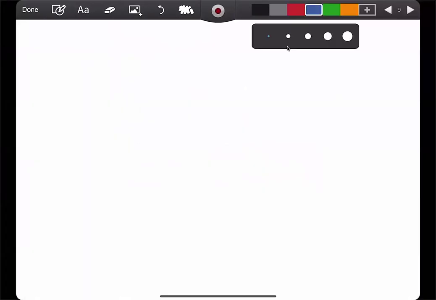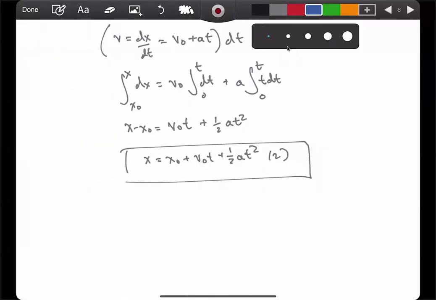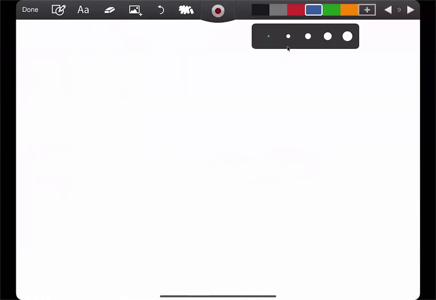And then finally, we can find our third kinematic equation a couple different ways. We can either combine equation number 1 and equation 2 by simply using the first equation to eradicate the time and then use that in the second equation. Or we can do this a little bit more grown-up way by noting that our position is a function of time.